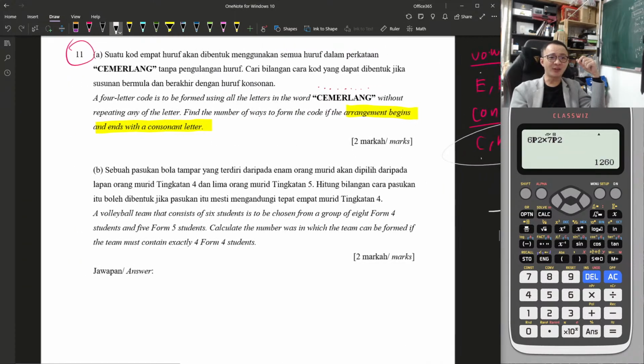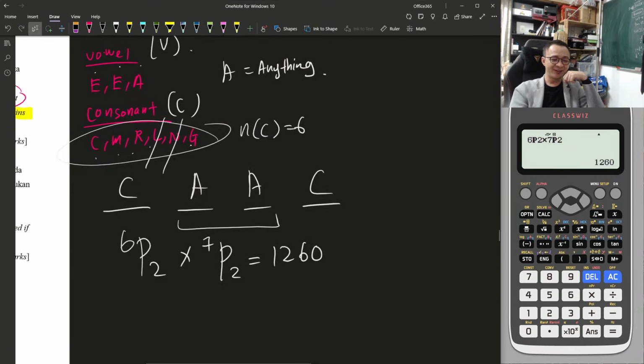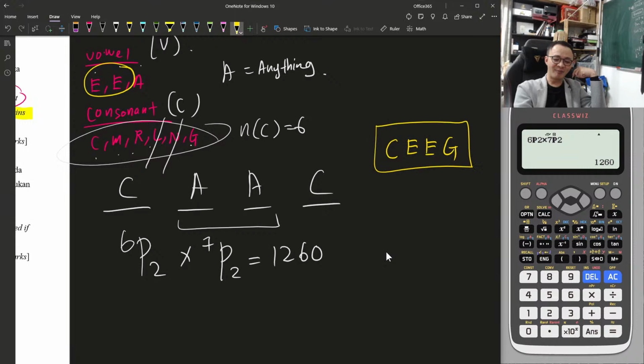But if you read the question carefully, the question says something important: without repeating any of the letters. So now you have a problem, because you have double E. If here I put anything, it is possible that I get something like C, E, E, G, and this kind of arrangement is not acceptable, because they say without repeating.